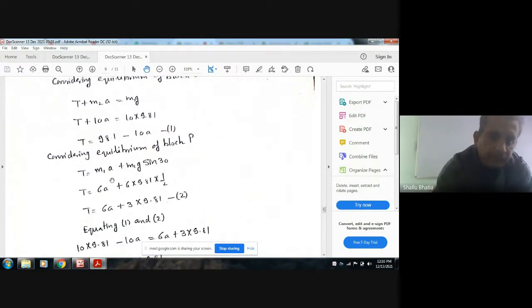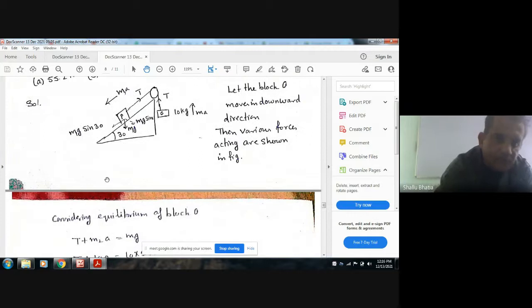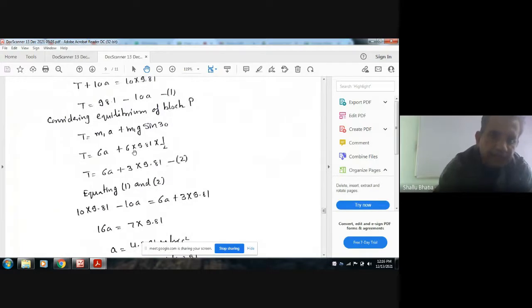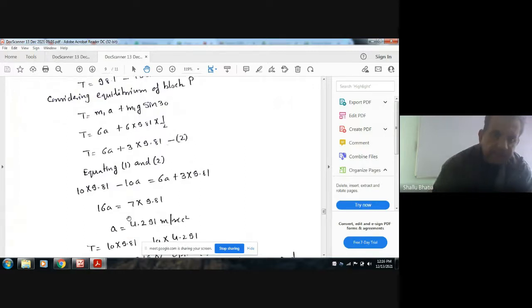So 6a plus 6 into 9.81 into 1 by 2, where m1 is 6. So now we have T from this equation and T from the other equation. Equating these two, we can find the acceleration.